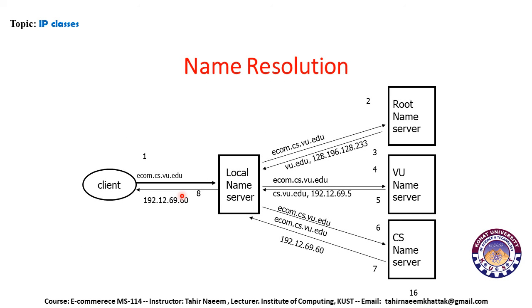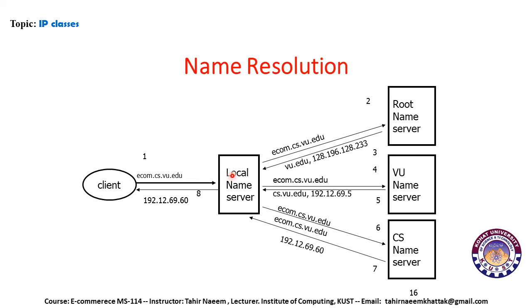So our next topic is name resolution. How is a name resolved? First of all, the client opens a web browser and writes ecom.cs.vu.edu. As you can see, this is the first process. When we type this address, it is sent to the local name server.